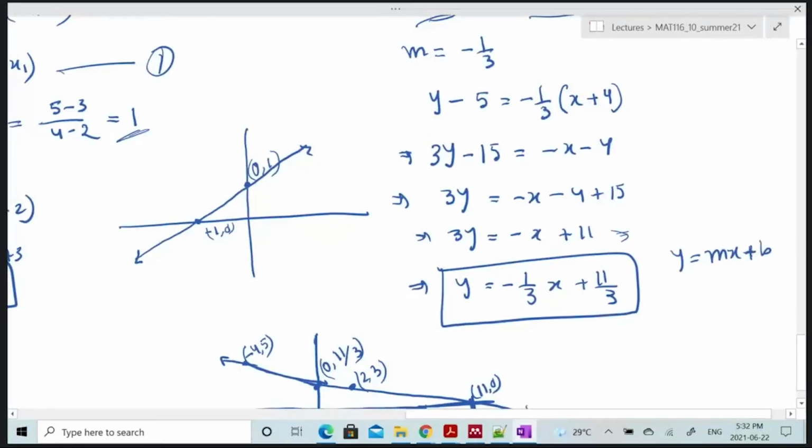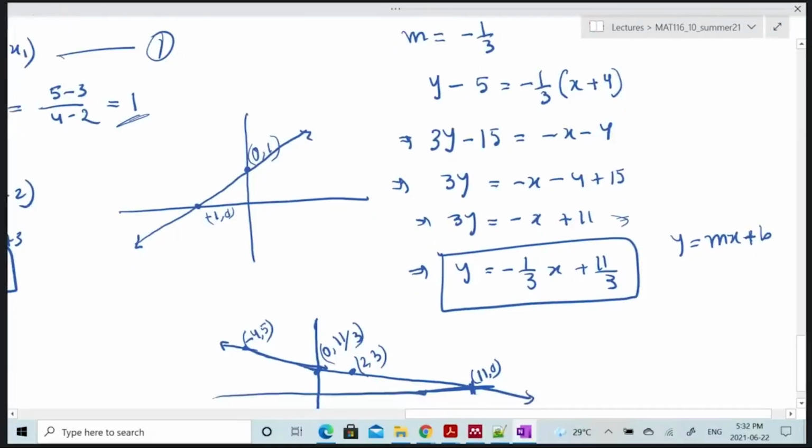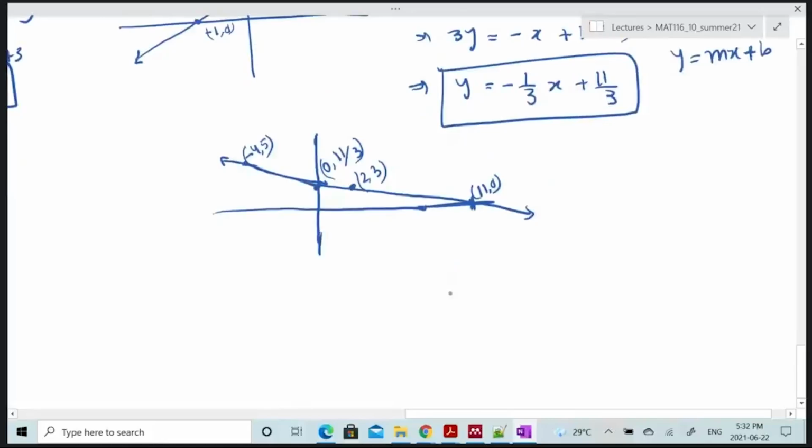So all the x terms, including all the constants, are going to be on the right hand side, and the y term as a single guy is going to be on the left hand side. So if I give an equation, say for example 5y plus 10x equal to 25, you can write 5y equal to minus 10x plus 25.